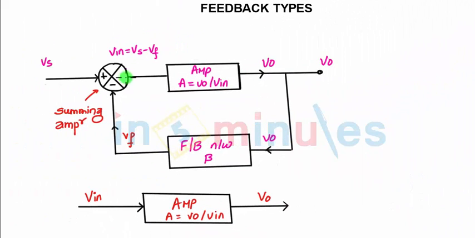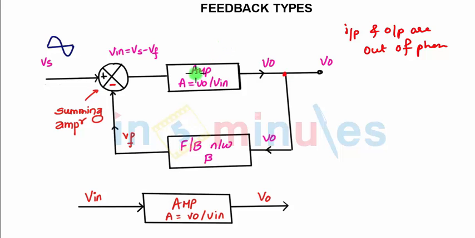Suppose in this case I am adding part of the output to the negative terminal, or you can say input and output are out of phase. That means if the waveform for the input is in this format, and the amplifier, for example, applies a 180-degree phase shift, then input and output will be out of phase.